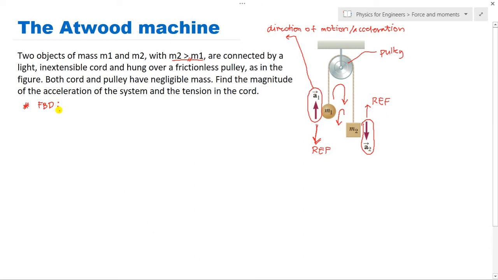How many objects class do we have here sa atong problem? Duha. So let's start with FBD of mass 1. Since naa tay duha, mass 1 and mass 2, we have two FBDs. So first, we have FBD for mass 1.